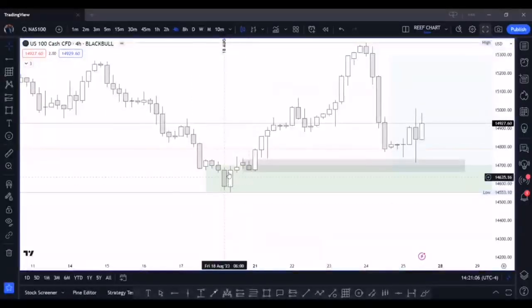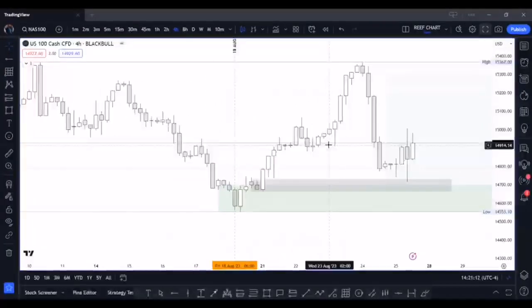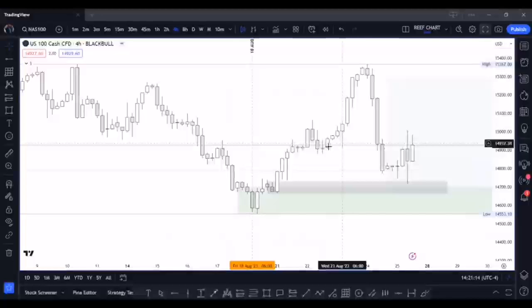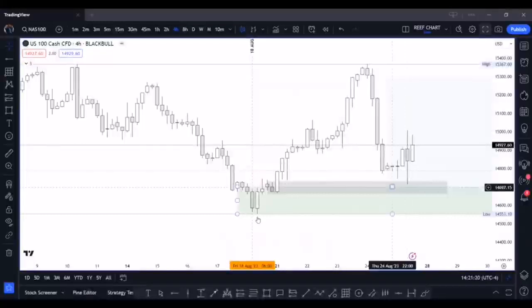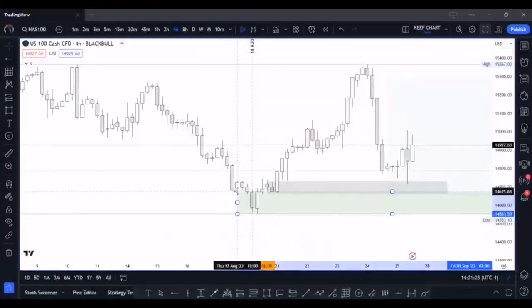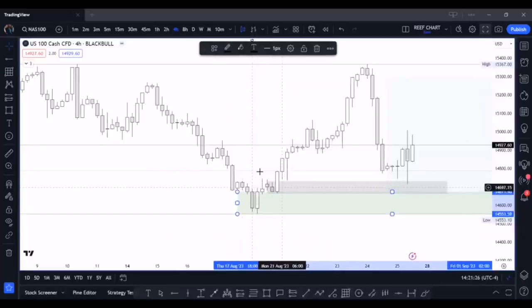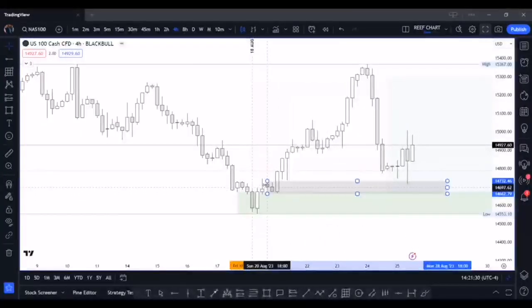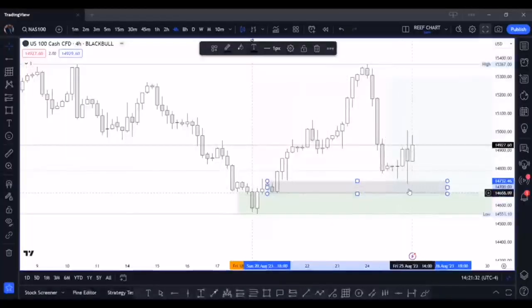And then it expanded here, it came back to collect orders, and then it expanded to the upside, which is something that is very, very interesting. After it expands to the upside, it comes back and retests this particular level. Because it had already come and collected orders over here, there is no need for it to recollect those orders. So what it does is that it taps into the propulsion block. And for me, this was enough confidence to take this trade.